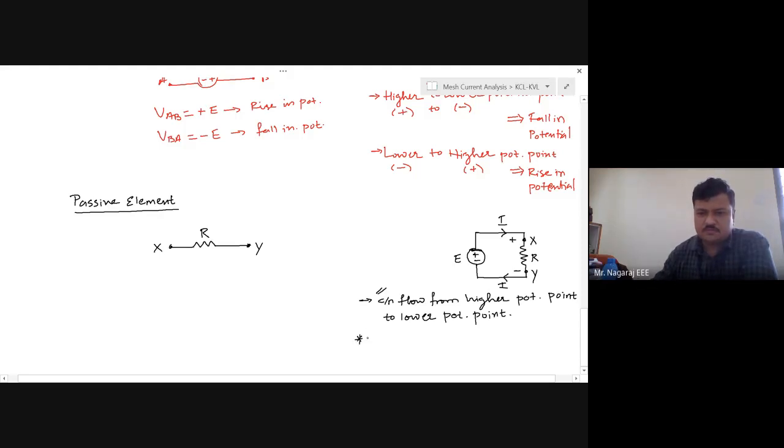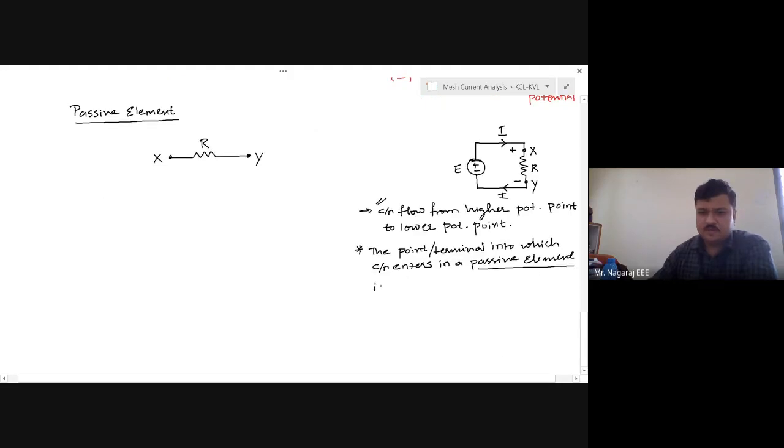The point or terminal into which current enters in a passive element is at higher potential point.